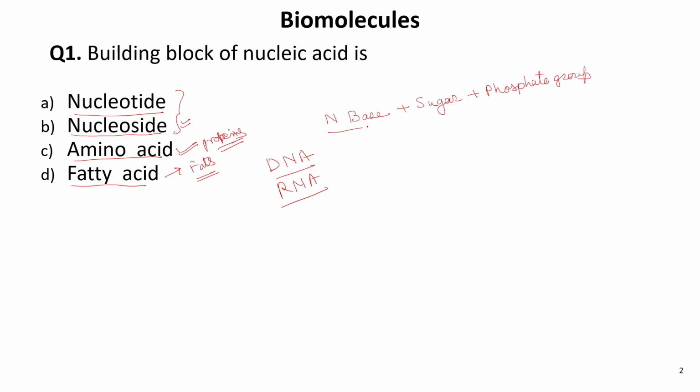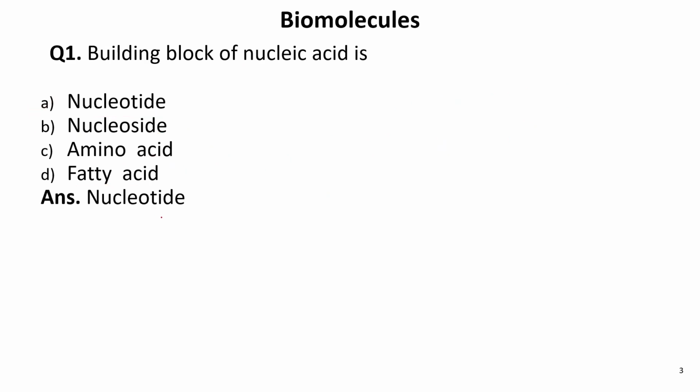Nitrogenous base and sugar form a nucleoside. And when the nucleoside gets attached to the phosphate group, it forms a nucleotide. So this is the building block of the nucleic acid, the nucleotide. So the correct answer is nucleotide.